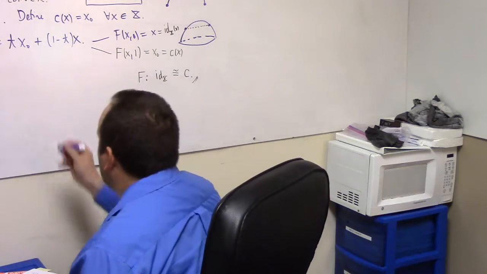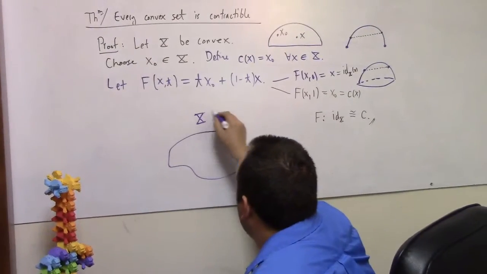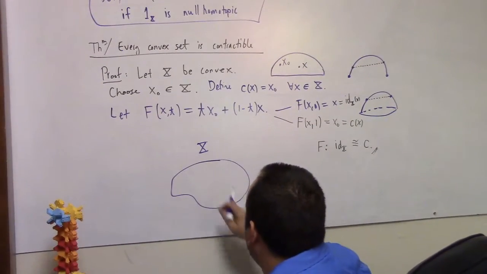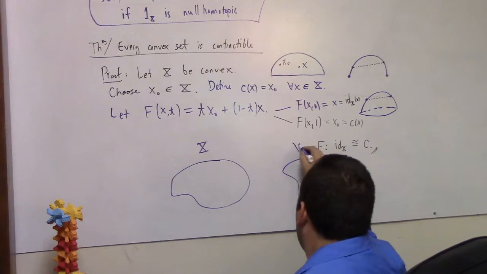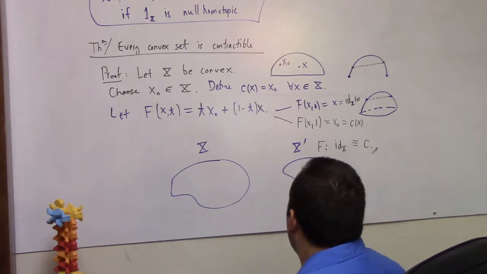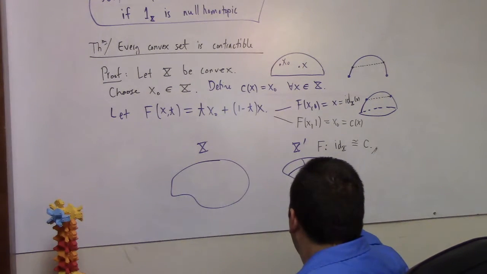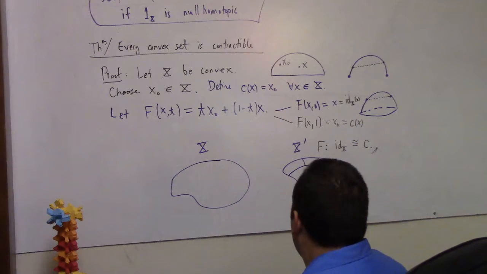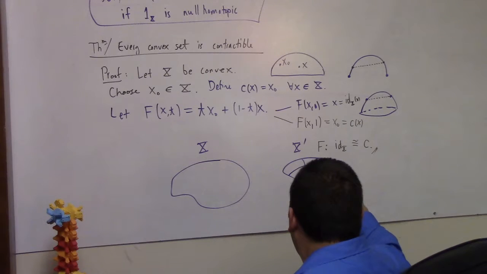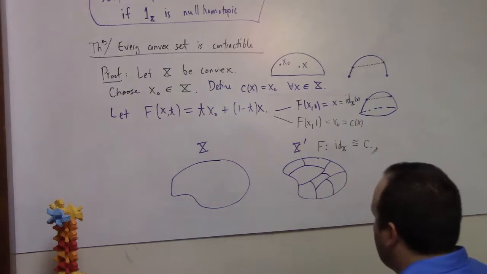So here's your space X, and over here is your space X prime. But X prime isn't the same kind of space anymore. My picture doesn't do it justice, of course. These are disjoint, so imagine that each of these edges is taken by just one of the sets and not more than one.